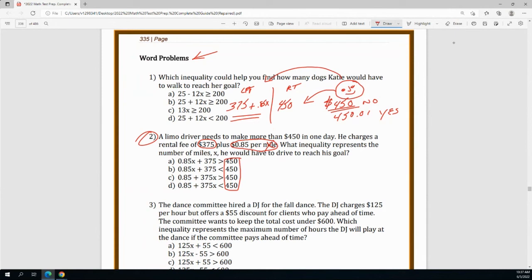He wants more. So you're going to want to make sure that you're showing that the left side is bigger. He wants it bigger than the right side. If the right side's bigger, he's not going to be happy. It has to be the other direction. So he wants this side, his money, to be bigger than $450.